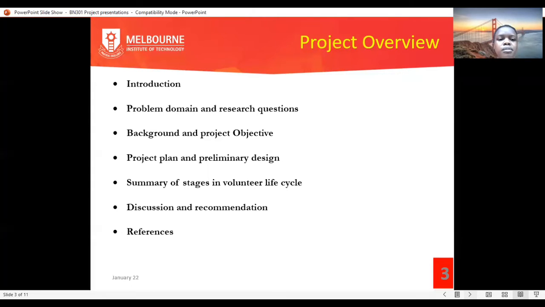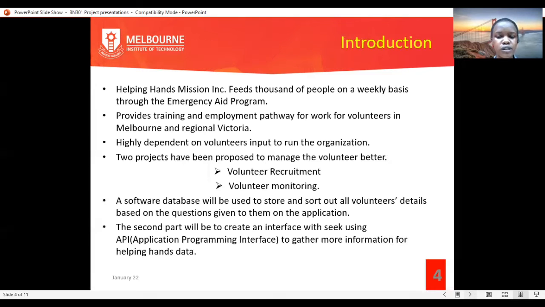Then we'll discuss the background and the project objective. We will talk about the project plan and the preliminary design, then give a summary of the stages in the volunteer life cycle, and then we'll give recommendations for this project. And below there'll be the references.